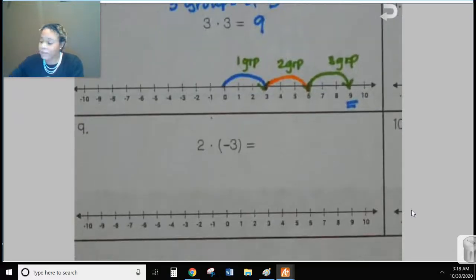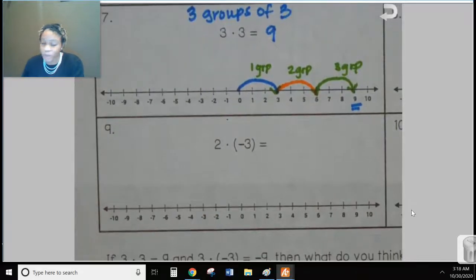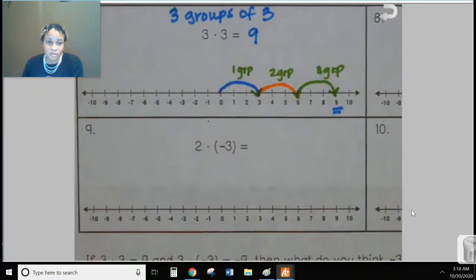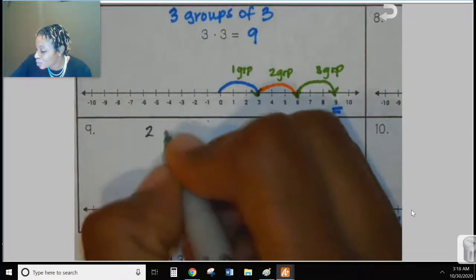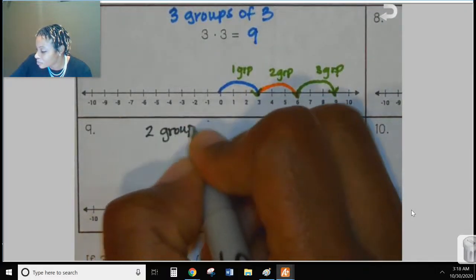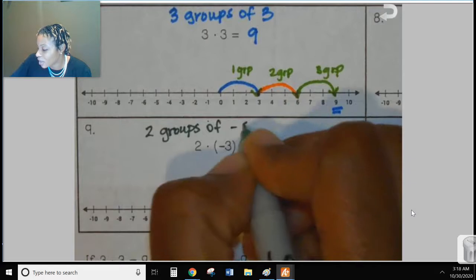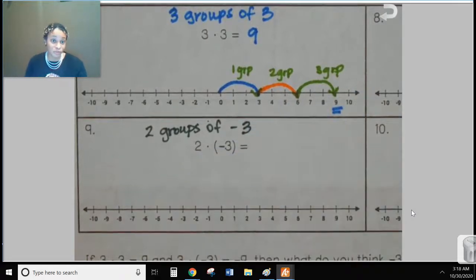Take a second. What is this? I can't hear you. What is it? Yes. So hopefully you said it is 2 groups of -3. So I'm going to have 2 jumps, and every time I jump, I'm going to be jumping -3.